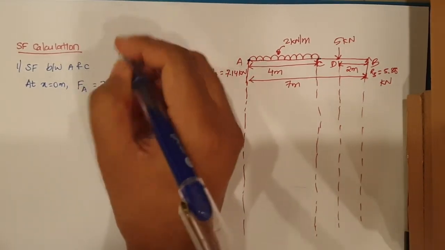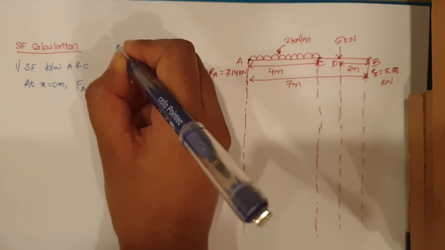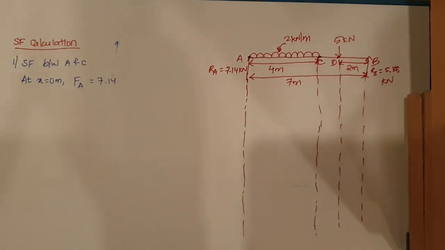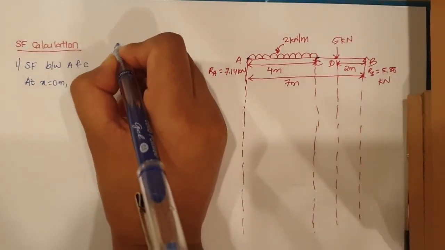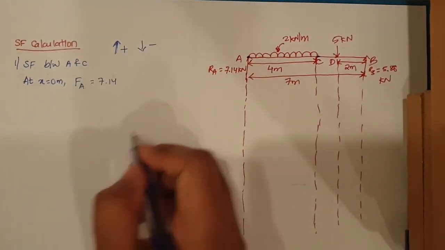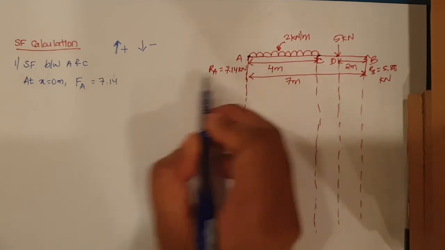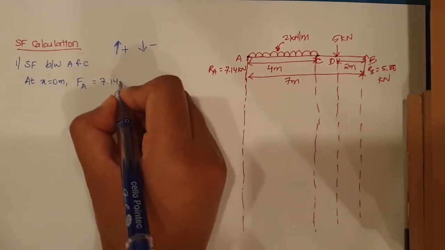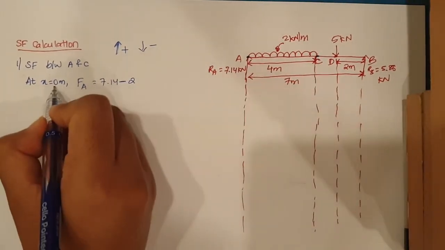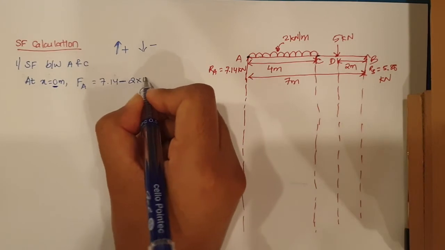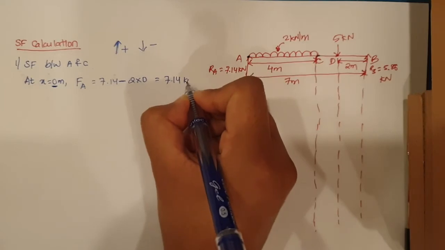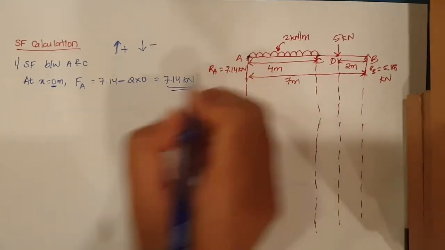Again here the forces which are coming from bottom to top will be taken as positive, top to bottom negative. So we have bottom to top positive minus a UDL 2, and its distance traveled is only 0. So 2 into 0 will give 7.14 kilonewton at A, right?